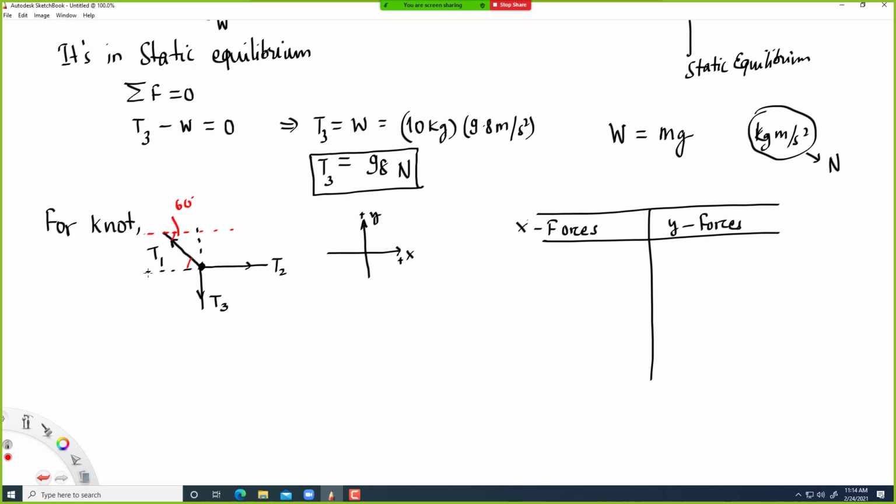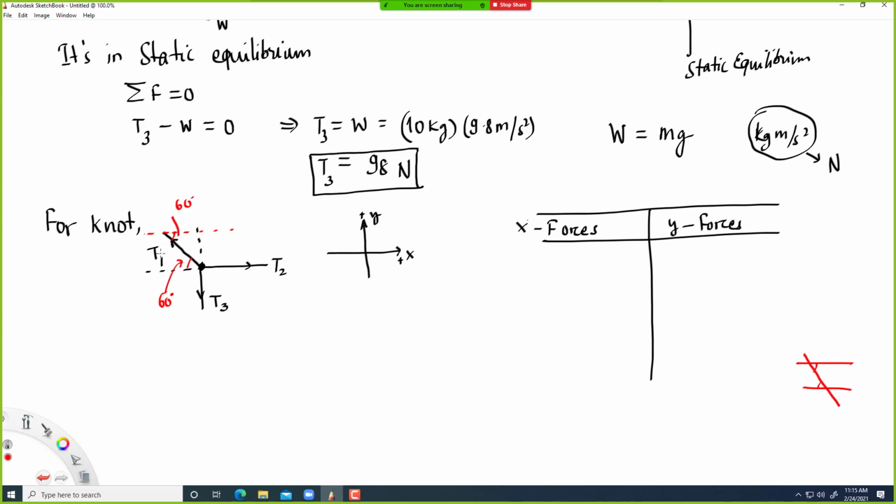And this x-axis and the ceiling are parallel. That means if this is 60 degrees, then this would also be 60 degrees. Okay, they are alternate angles. So if you have two parallel lines and a line crossing the parallel lines, then this angle would be equal to this angle because they are alternate angles. Okay? So that's 60 degrees.